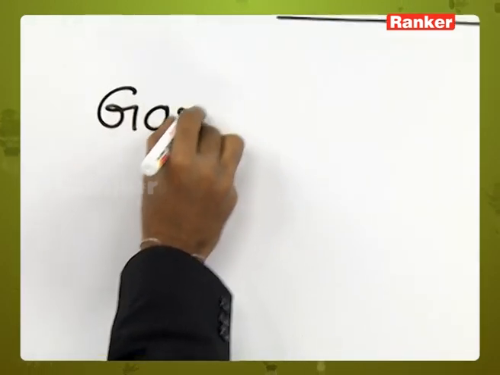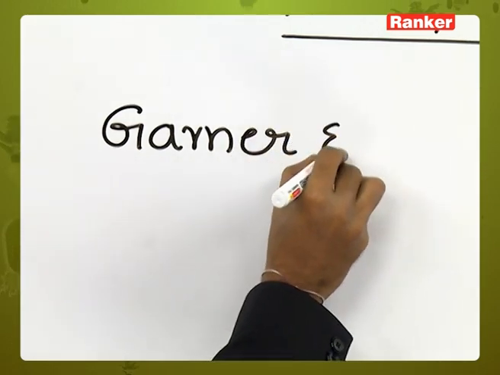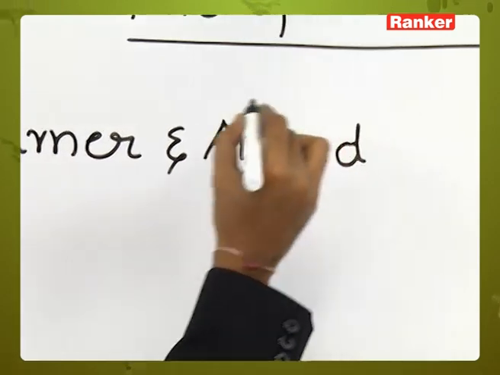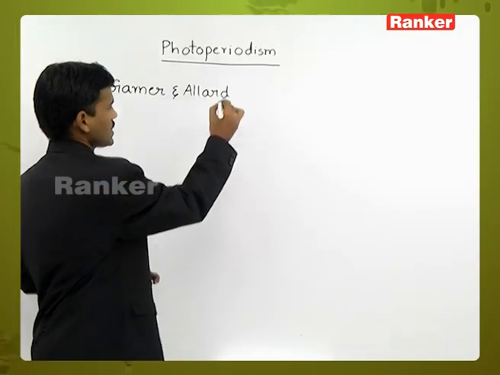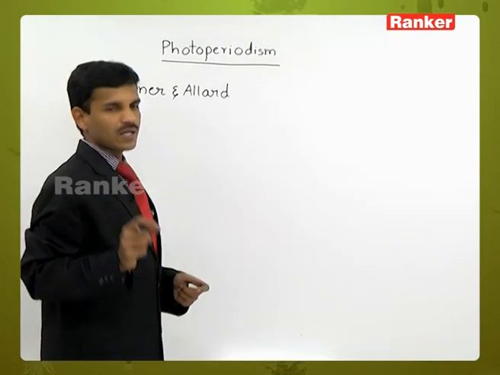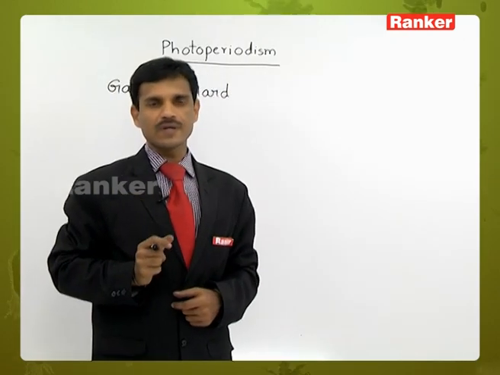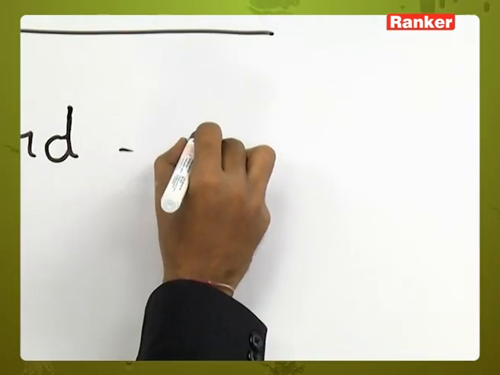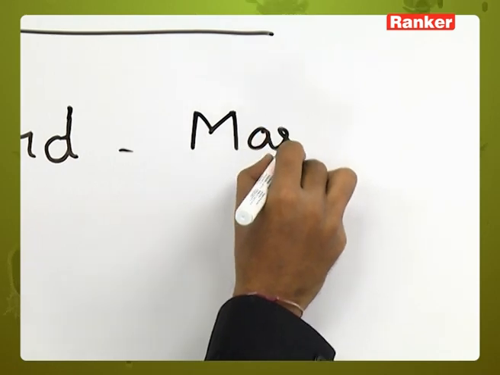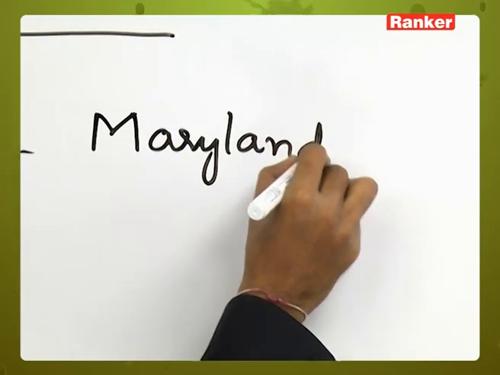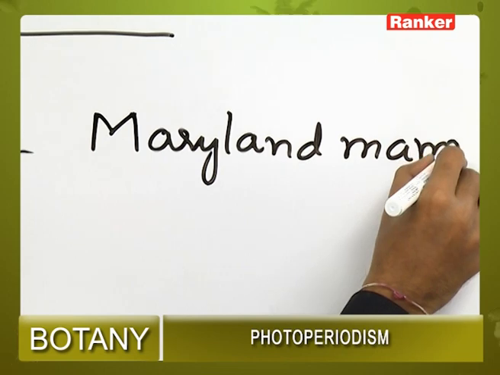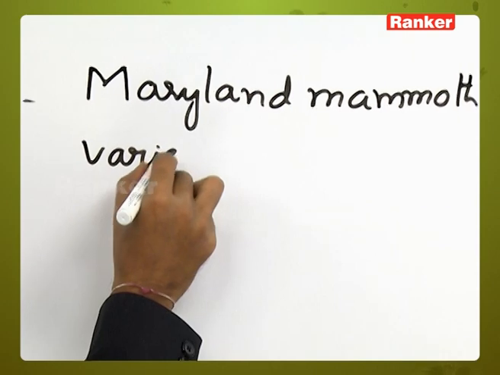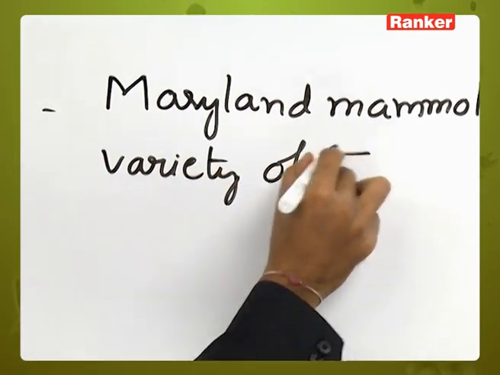Garner and Allard, scientists who observed the light effect on flowering in a tobacco plant, the Maryland Mammoth variety of tobacco plant.